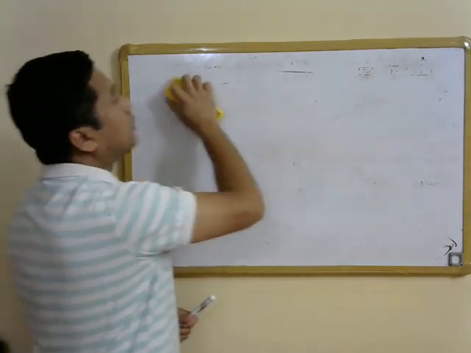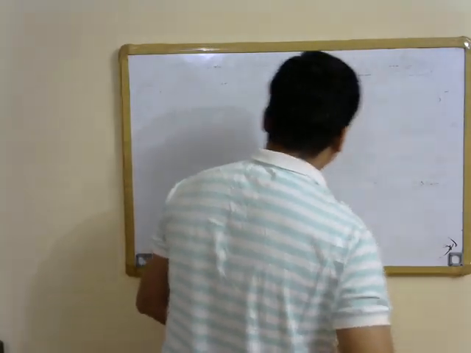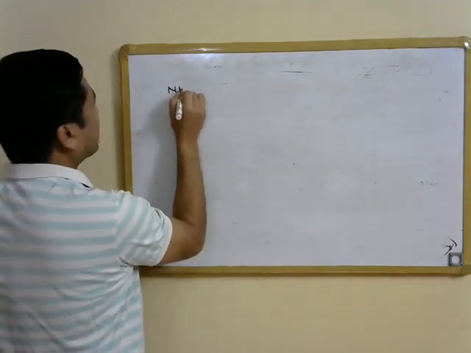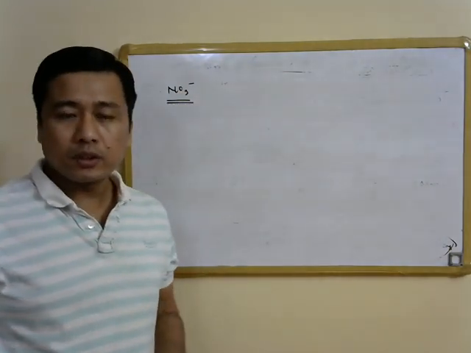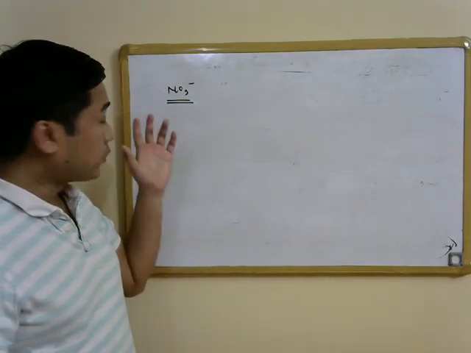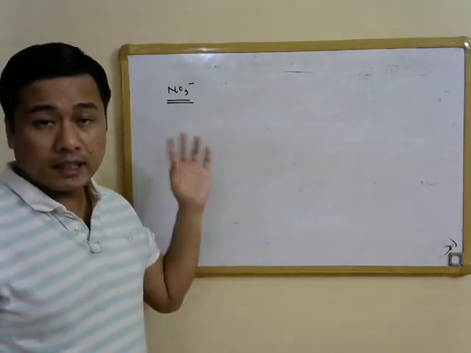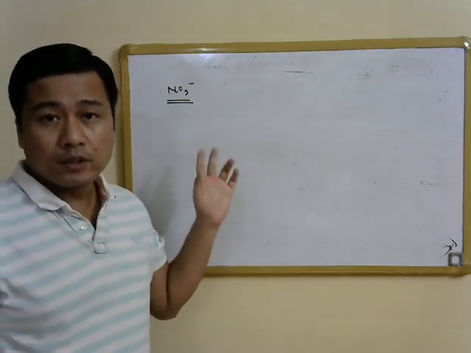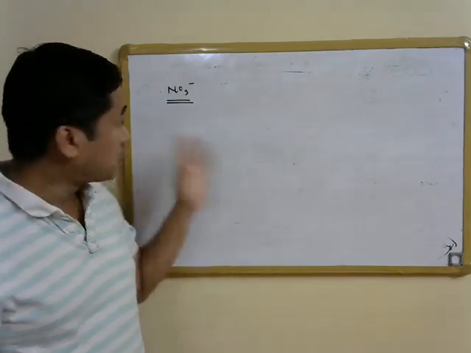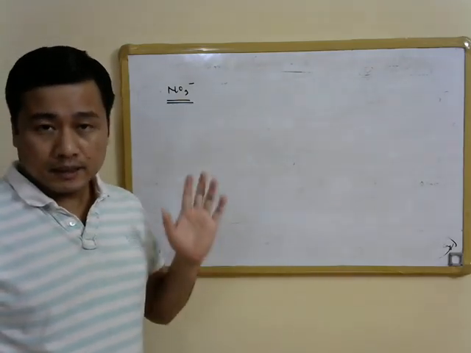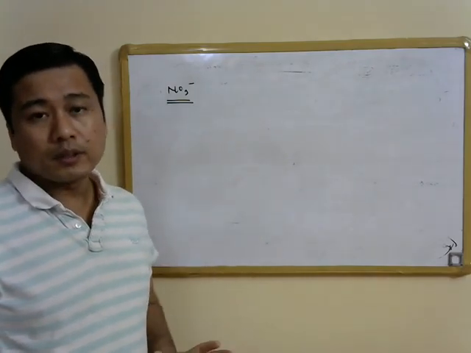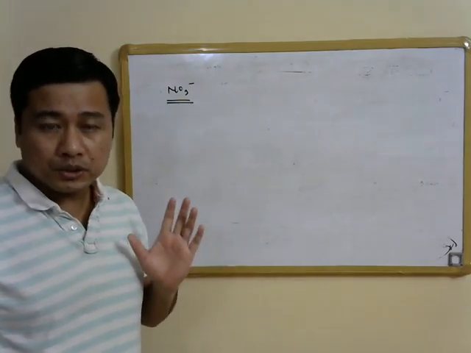So for example, if we again take the nitrate ion and count the number of electrons, we will find it also has a total of 24 valence electrons, and again in this case we have a total of 6 electrons available for pi bonding. The nitrate ion is isoelectronic with the carbonate ion, and that is why it is also isostructural.